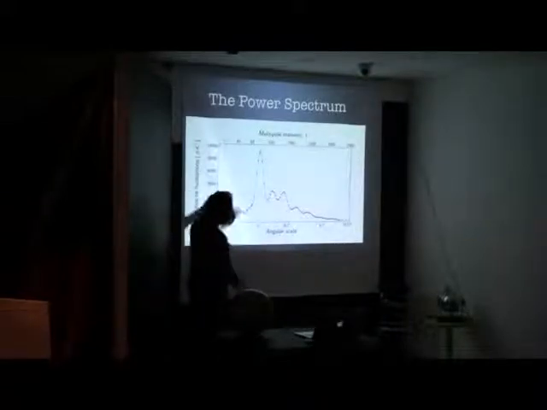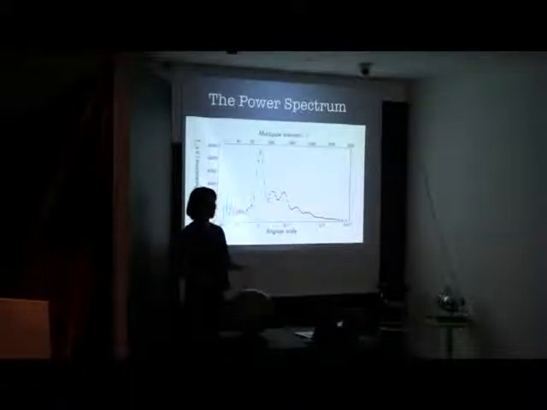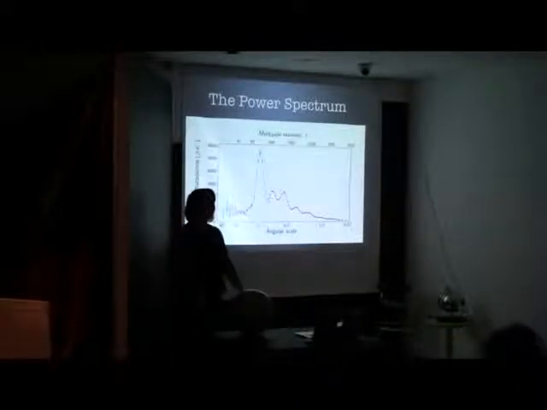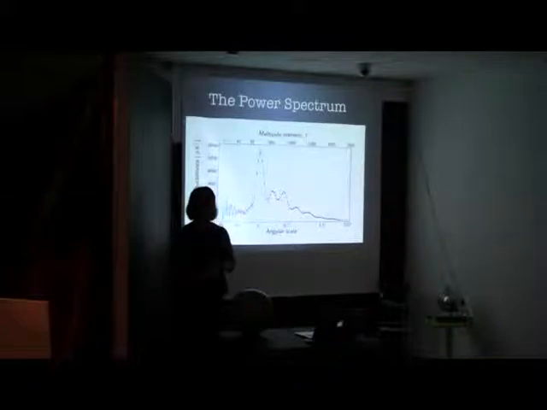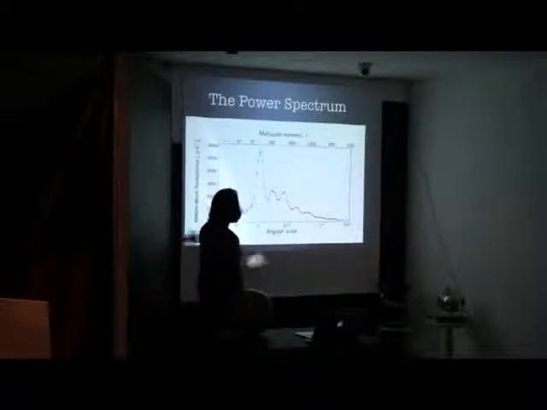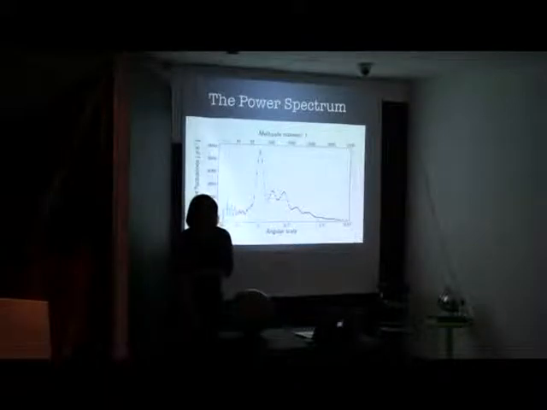Not only is this telling us what the universe is made up of, it's also telling us how much there is of everything. From this plot, I can tell you that 70% of the universe is made up of dark energy, 25% is dark matter, and the remaining 5% is baryons. I can also tell you how fast the universe is expanding, and various other cosmological parameters.